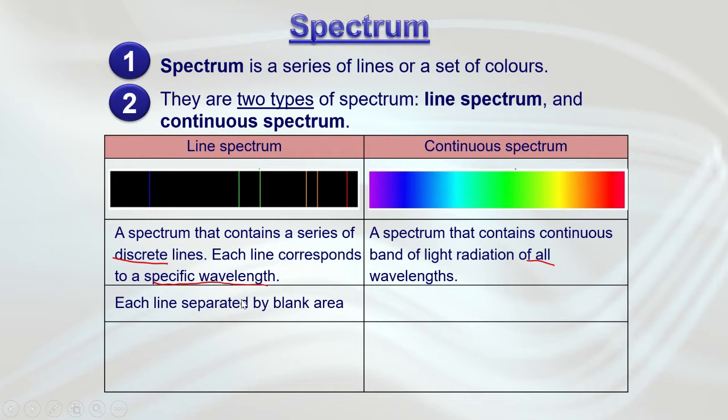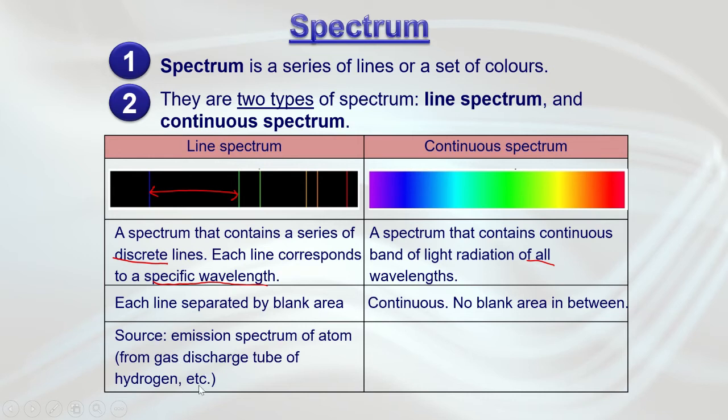Each line, as you can see, is separated by a blank area, while the continuous spectrum is continuous, with no blank area in between. The source of a line spectrum is the emission spectrum of atoms, for example, from a gas discharge tube of hydrogen. Meanwhile, the continuous spectrum is what we usually get in our daily life, from white light and sunlight.